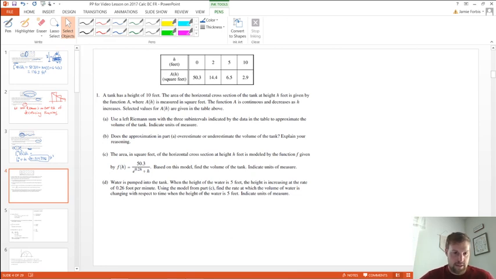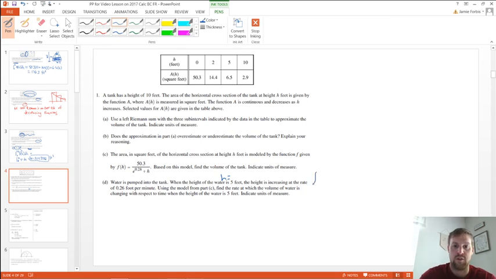And then D. D says water is now pumped into this tank. So imagine that little pyramid tank I drew in A being pumped full of water. When the height of the water is at 5, so in the middle there, the height is increasing at a rate. Let's just stop right here. It says when h is equal to 5, the height is increasing at a rate of 0.26 feet per minute.